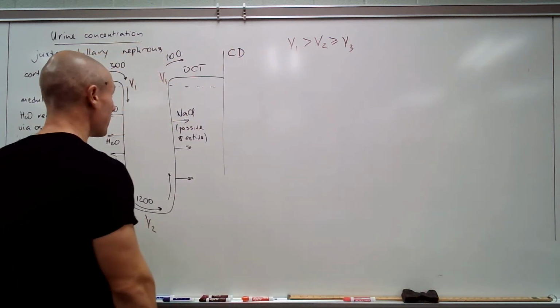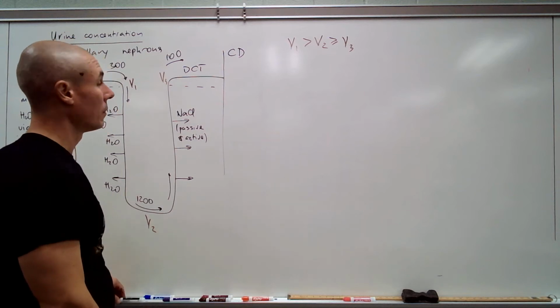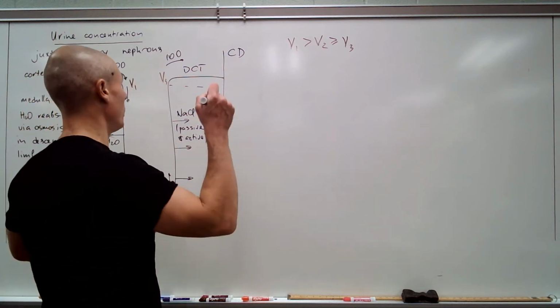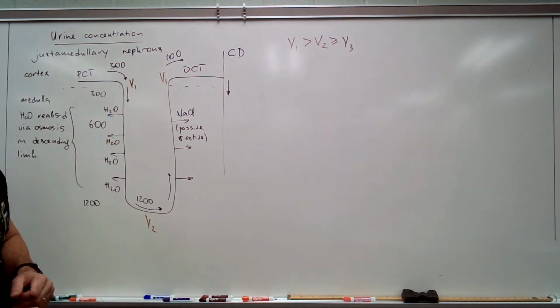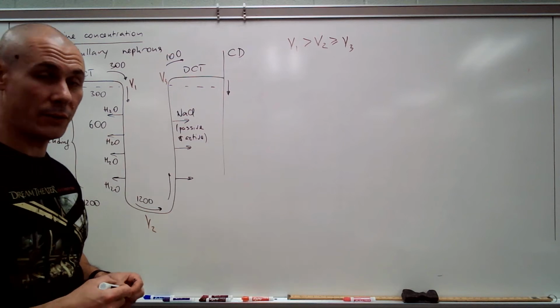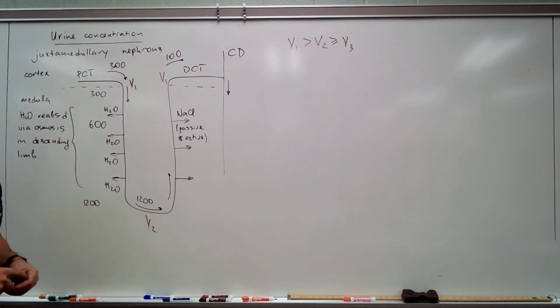Now, what happens next? This 100 milliosmoles filtrate gets into the collecting duct. Now, first of all, check this out. We generate roughly, I think, 120 liters, or 180 liters of filtrate a day.